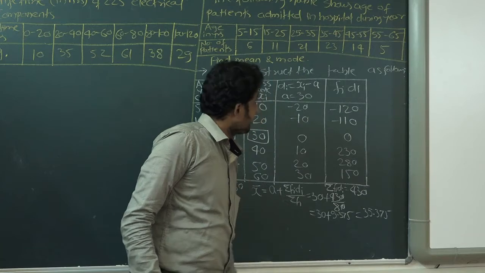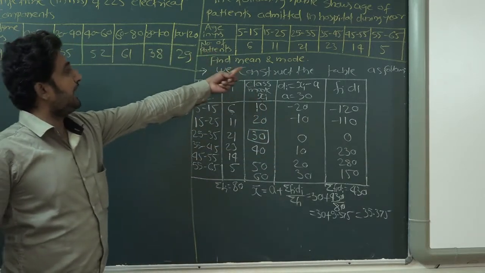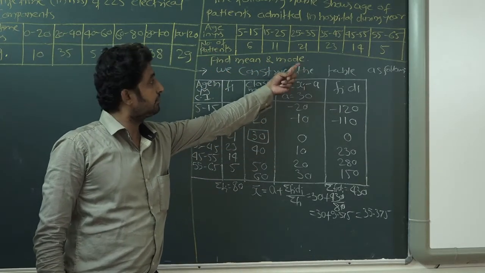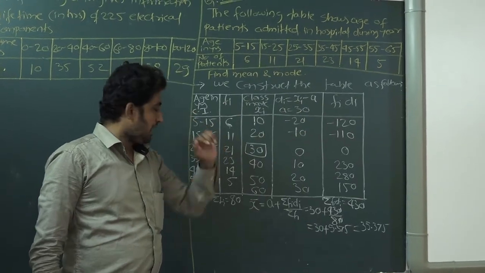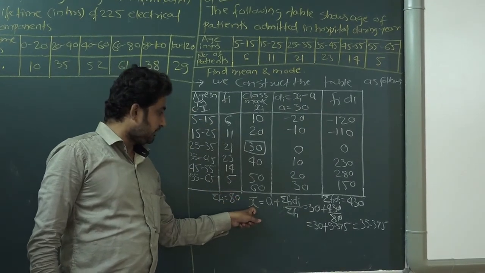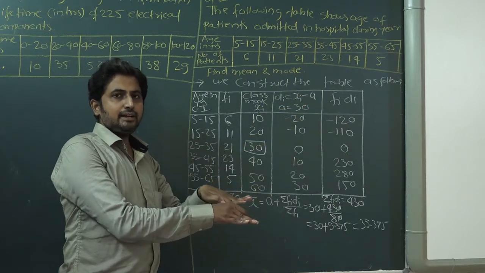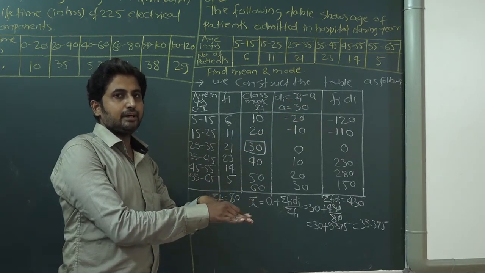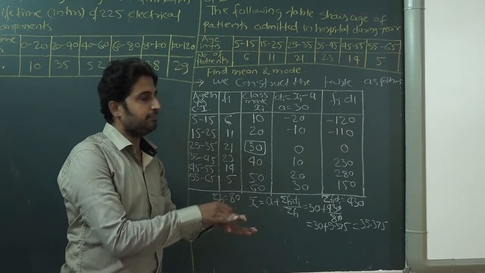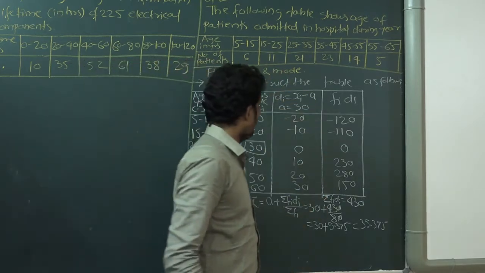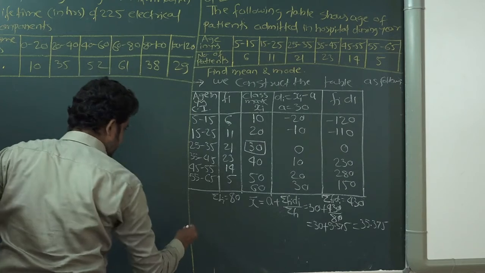We have calculated the mean. Now the next question is how to find the mode. We know that the values of mean and mode are approximately the same, and we are going to calculate now what the mode is.